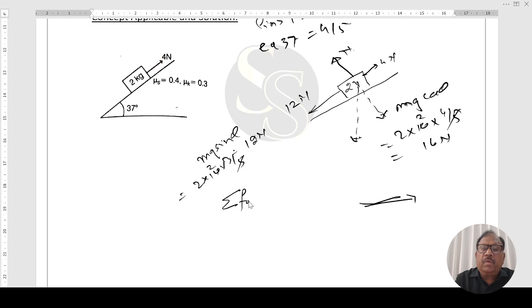Suppose this is the x-axis, this is the y-axis. Summation Fy equal to 0, because there is no vertical motion, then N will be equal to mg cos theta, that is 16 Newton.